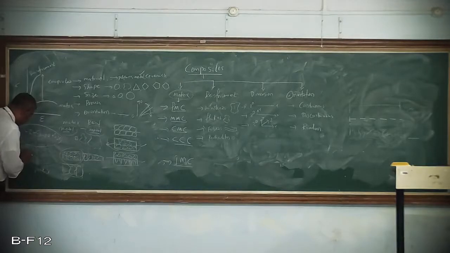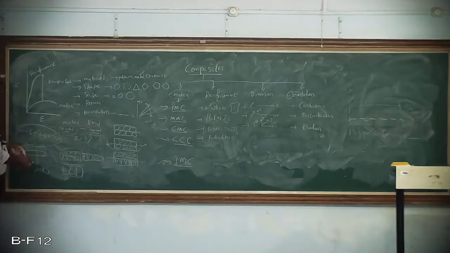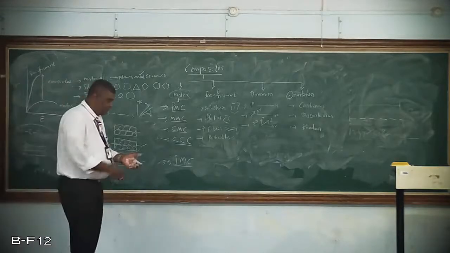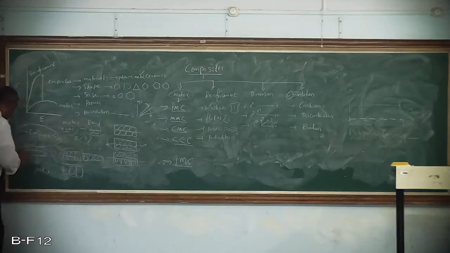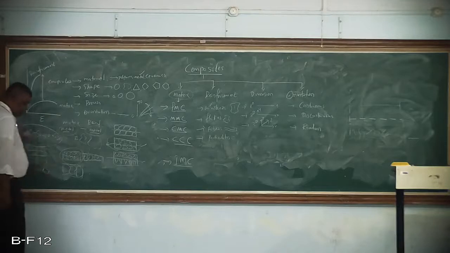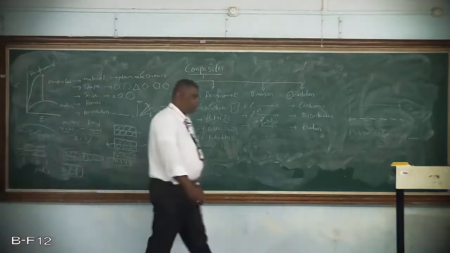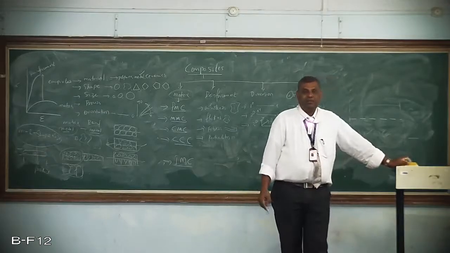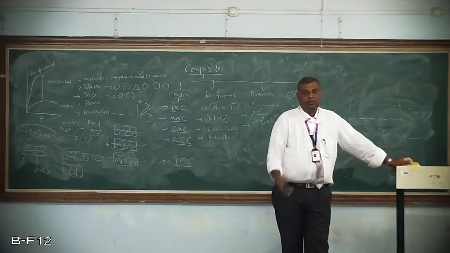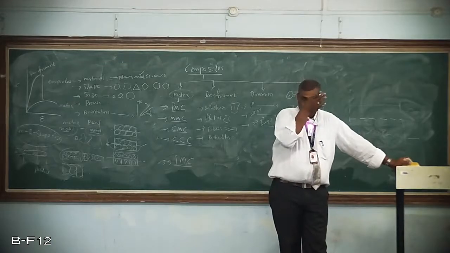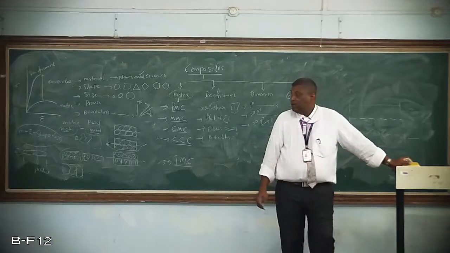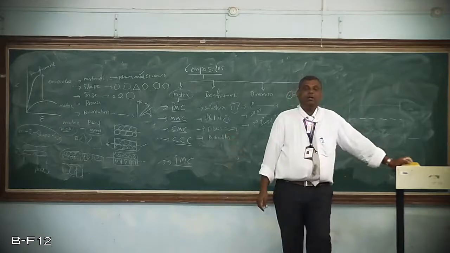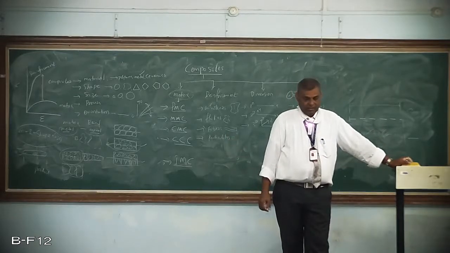Assume that the product is a cylinder, with a diameter of 10 mm and a length of 100 mm. I can obtain this by the casting process, drawing process, extrusion process, forging process, or rolling process. All these processes I can apply to manufacture this component, which is cylindrical in nature.